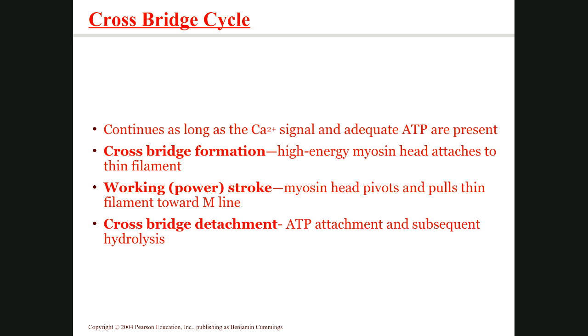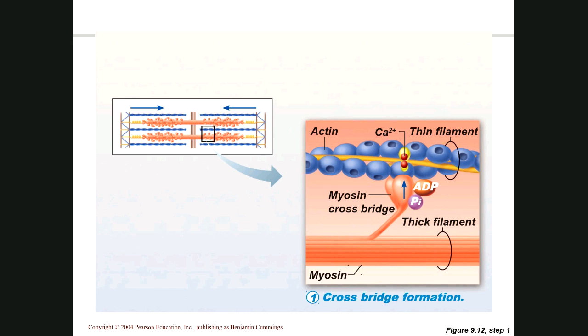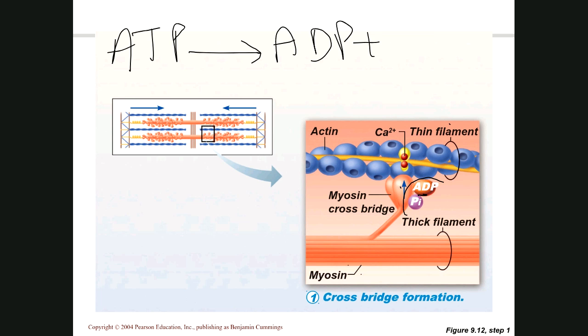Okay, so all right, here's your cross bridge right there. Notice that the myosin head does have an ADP, which is a spent ATP. Remember, ATP is broken down into ADP and phosphate. So the spent ATP is attached to the myosin head.